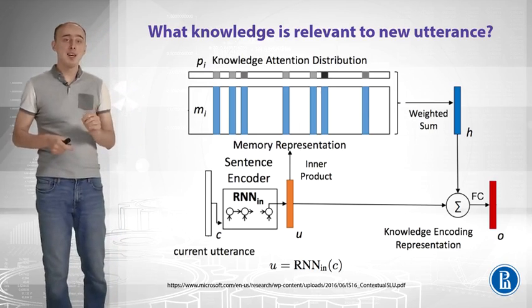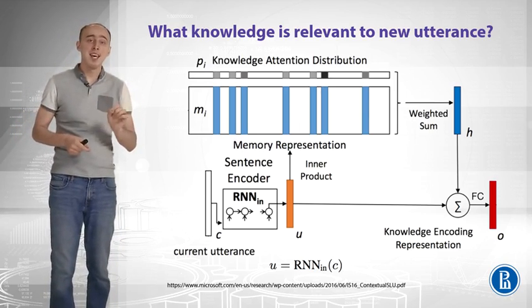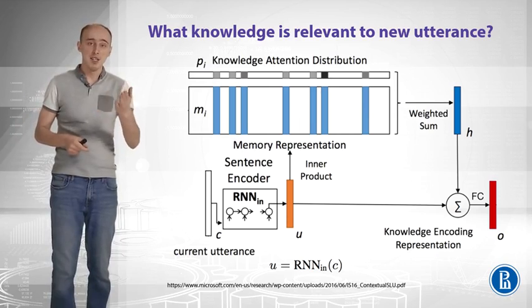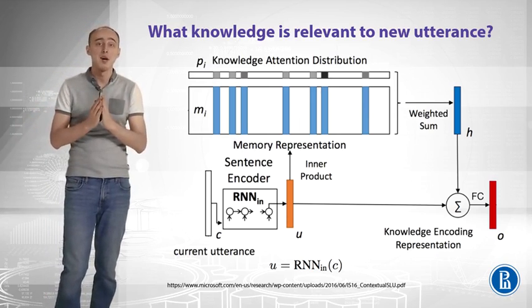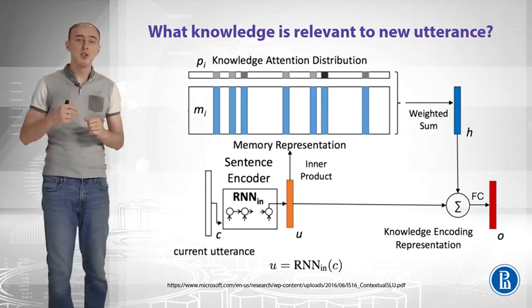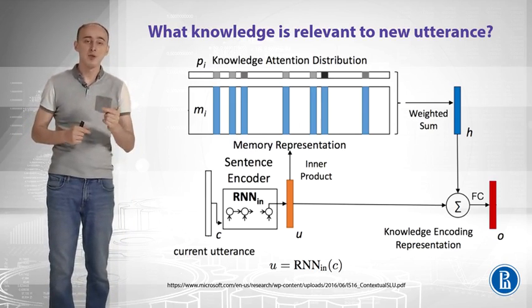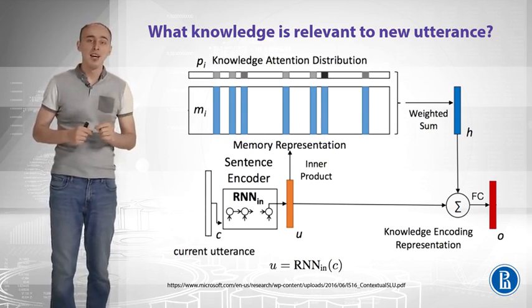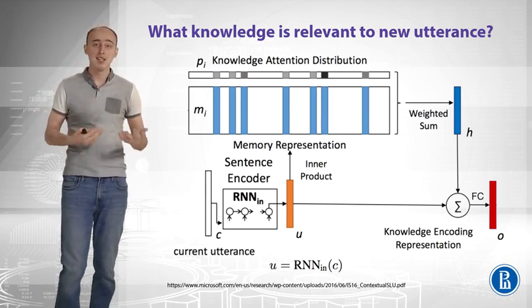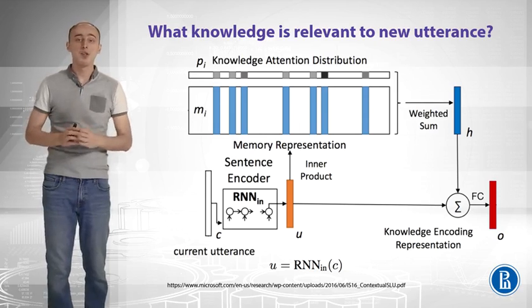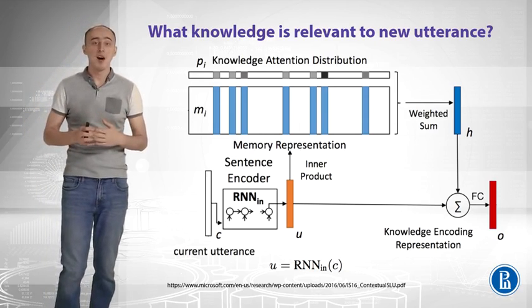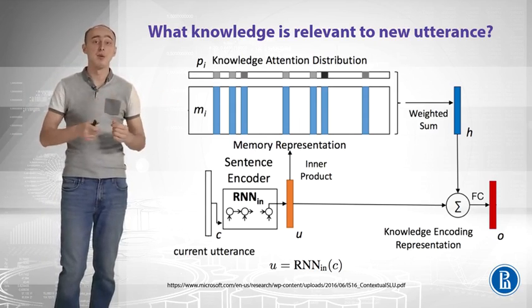We can take all the memory vectors with the weights of this attention distribution, and we have a final vector which is a weighted sum. We can add it to our representation of the utterance, the orange vector, pass it through some fully connected layers and get the final vector O, which is the knowledge encoding of our current utterance and the knowledge that we had before.